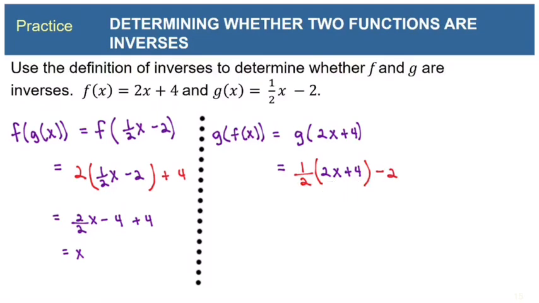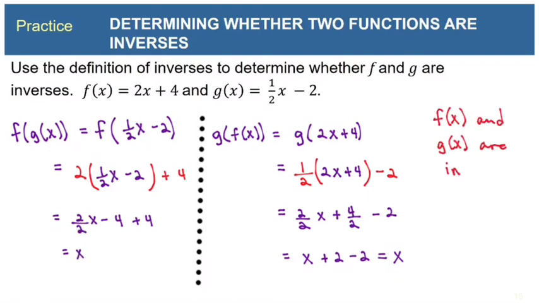Now distribute the 1/2. And 2 over 2 reduces to 1. 4 over 2 reduces to 2. And the 2 minus 2 adds up to 0, so we end up with just x here. So since the composition both directions reduce to just x, we can say that f and g are inverse functions.